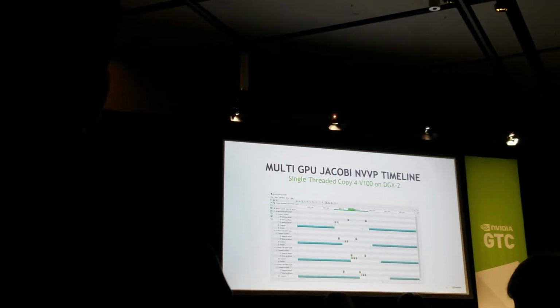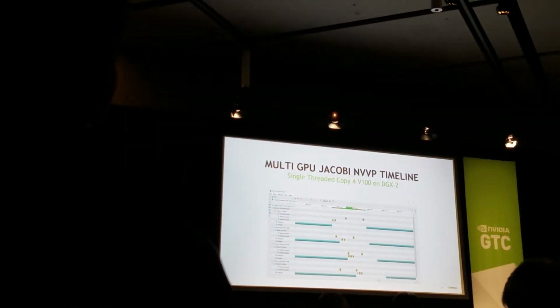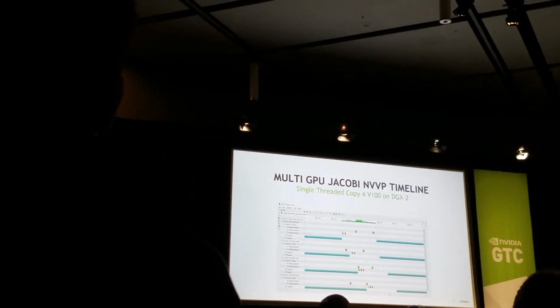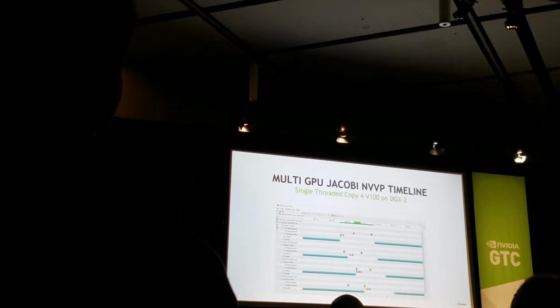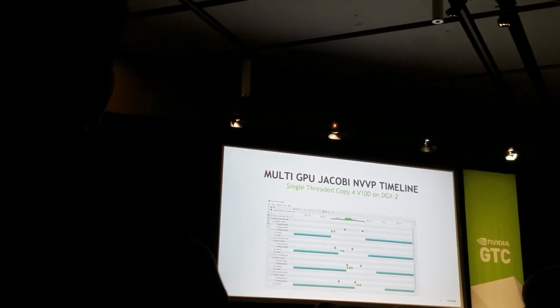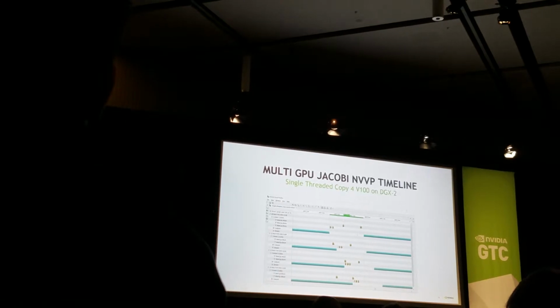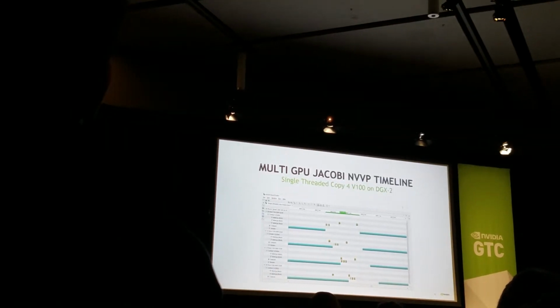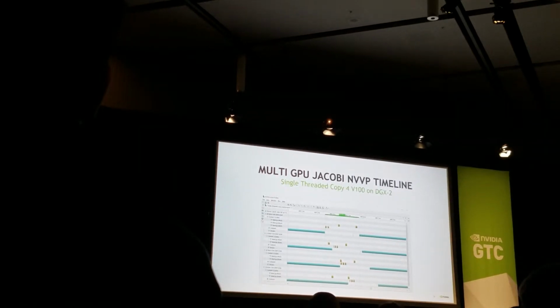For that, the obvious tool is to use our profiling tools and look at the timeline first. This was zoomed into the transition between two iterations. And what we see here are our memcopies caused by the halo exchanges. And you see they're all in the rows of host-to-device and device-to-host copies.